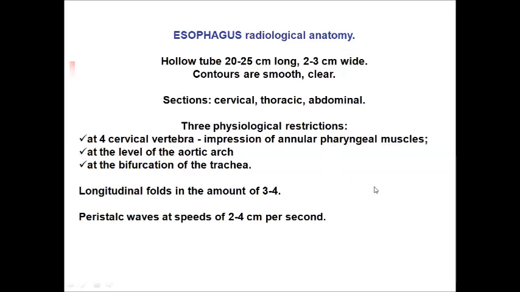At the fourth cervical vertebra, it's the impression of the annular pharyngeal muscle, at the level of the aortic arch, and at last at the bifurcation of the trachea. A normal esophagus will show 3 or 4 longitudinal folds.